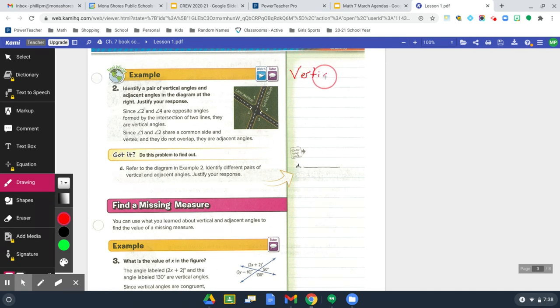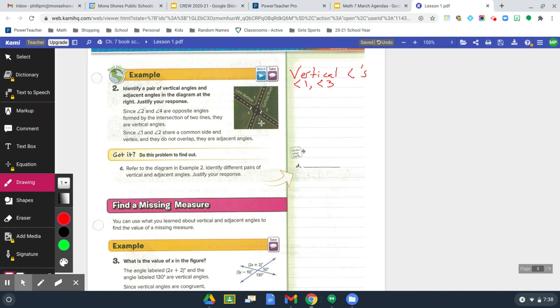So let's identify what those are in that intersection. Vertical, directly across from each other. So angle 1 and directly across angle 3 are considered vertical angles, directly opposite of each other.